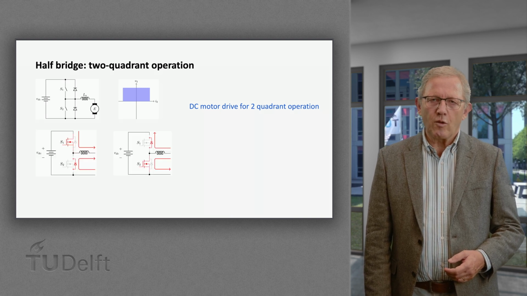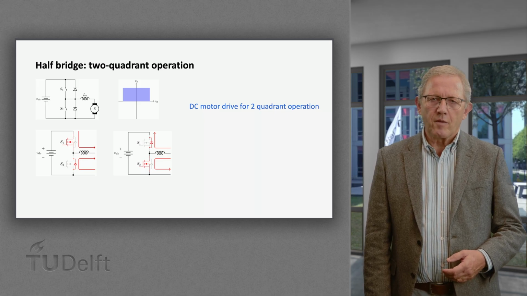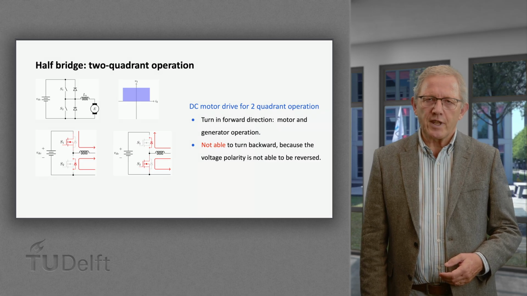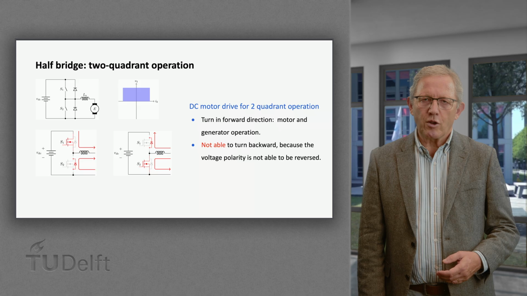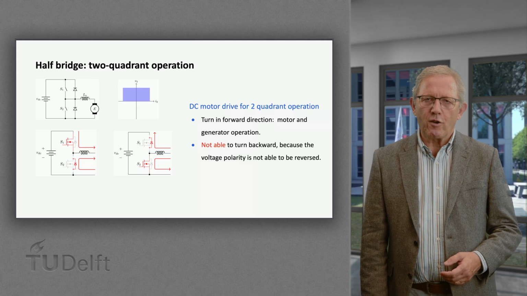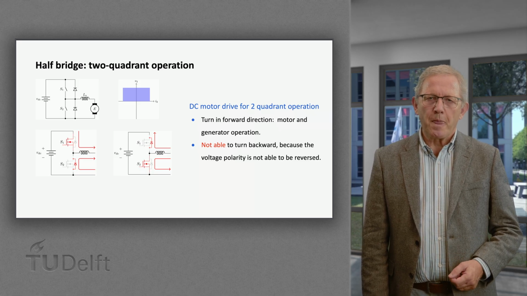These two circuits show the operation in the first quadrant and the second quadrant. With the setup as such, we are able to turn the motor in the forward direction, both as a motor and as a generator, but not able to turn the motor backwards because the voltage polarity is not reversible.